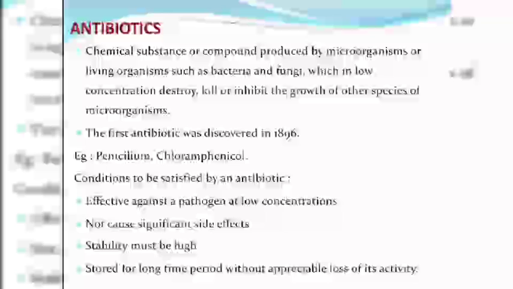So what is meant by antibiotic? An antibiotic is defined as a chemical substance or compound produced by various species of microorganisms or living organisms such as bacteria and fungi, which in low concentration destroy, kill or inhibit the growth of other species of microorganisms.